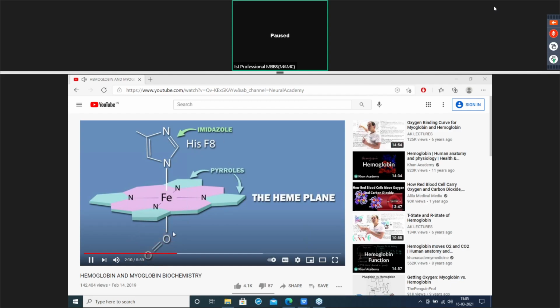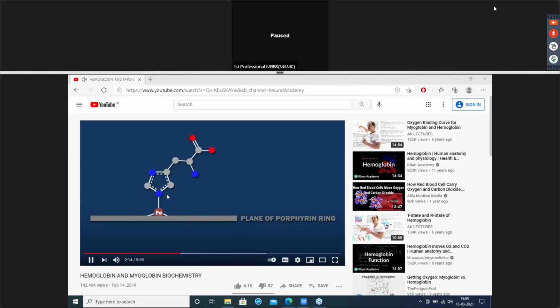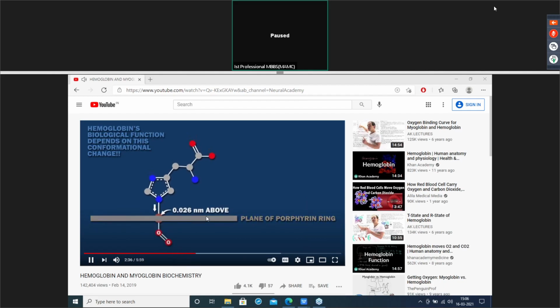This is oxygen. As soon as oxygen binds, it draws the iron in the plane of the porphyrin ring. There is movement.